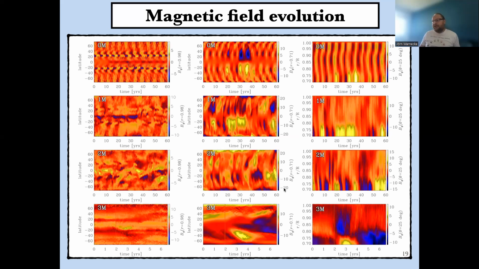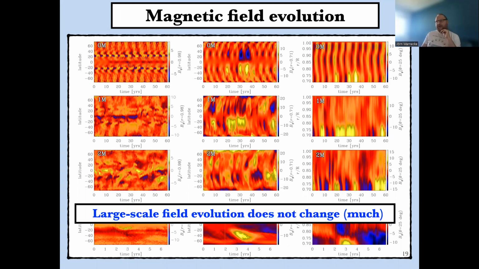When you compare these two plots, you see that they are very similar. So you see very nicely that it's at the bottom of the domain. Except for the vanishing of the equatorward pattern, it seems that the overall dynamo pattern doesn't really change much when you go to much higher Reynolds numbers.